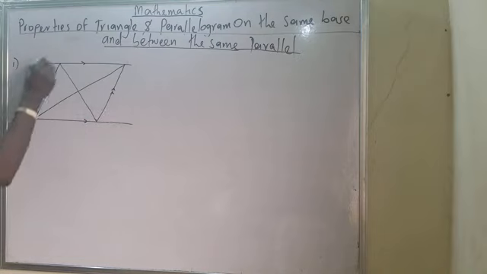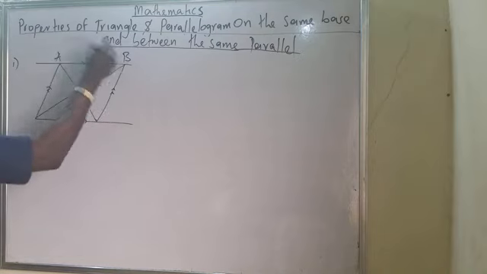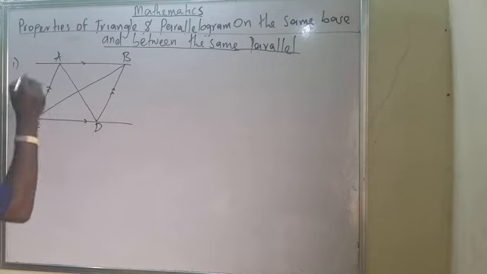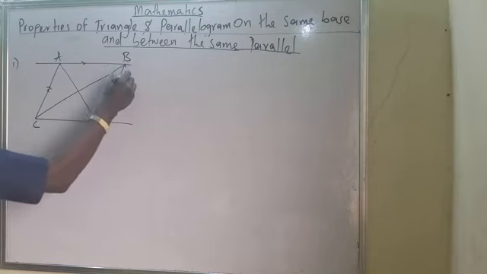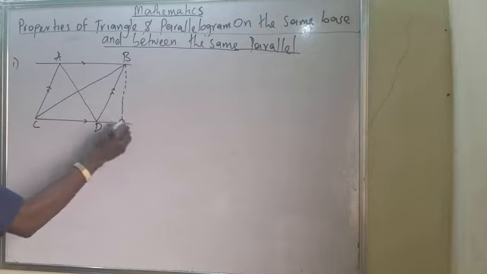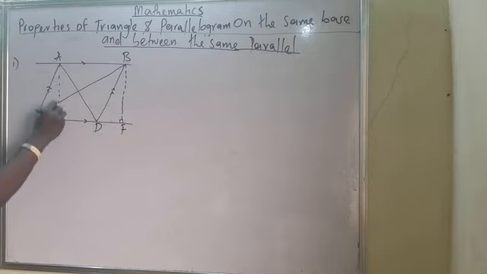I call this place A, this place B, this place C, and this place D. Now, let me generate heights. Call it H, and I call it F. I have another height here.